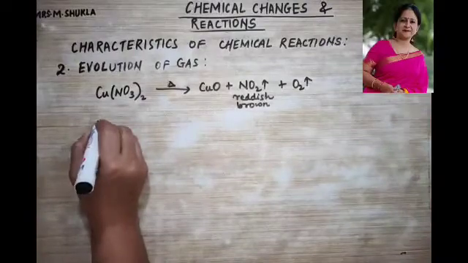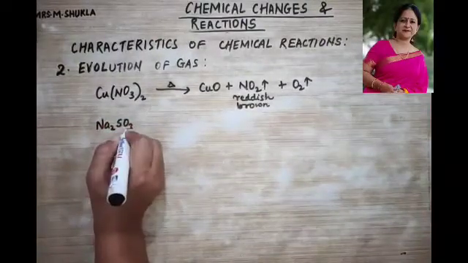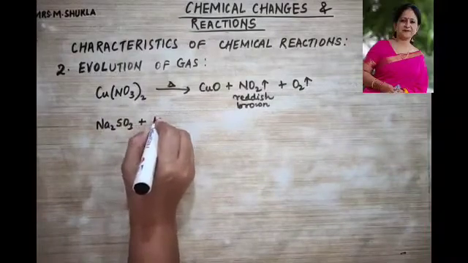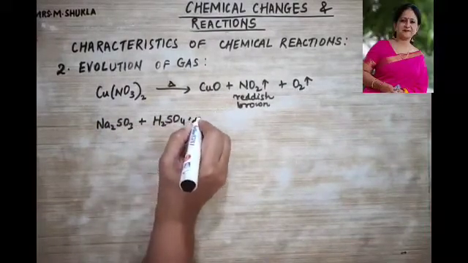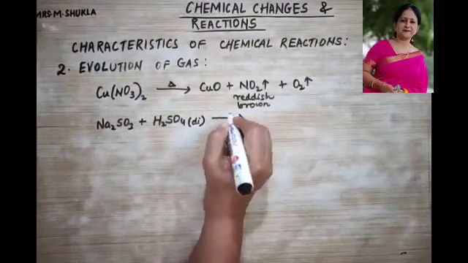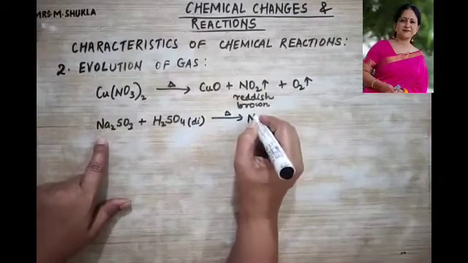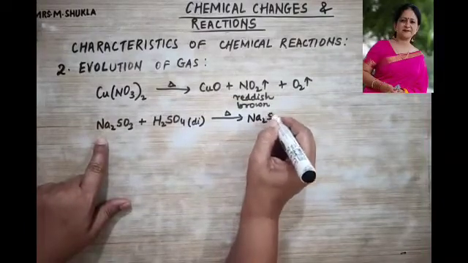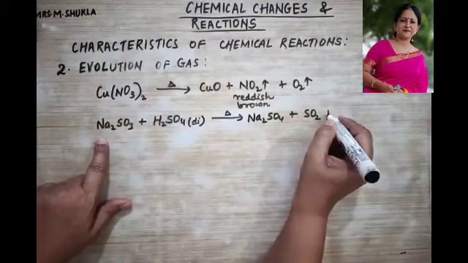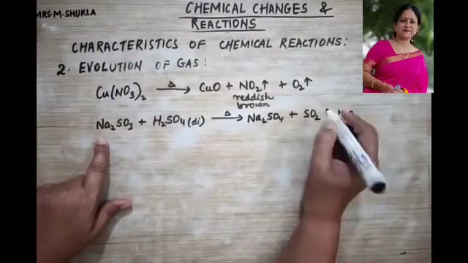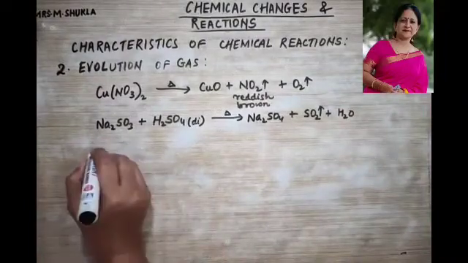Another example, we can take Na2SO3, sodium sulfite. When it is treated with dilute sulfuric acid, what is it going to form? It will form Na2SO4 plus SO2 plus H2O. So here sulfur dioxide gas is given out.